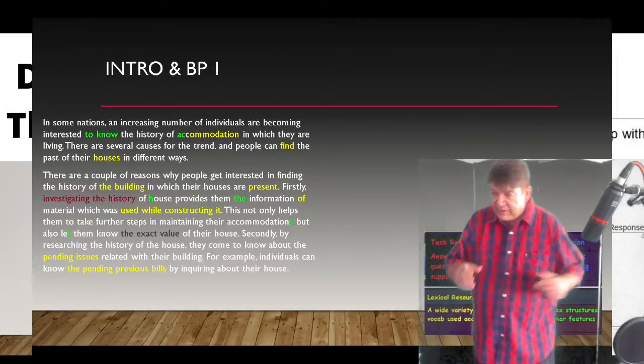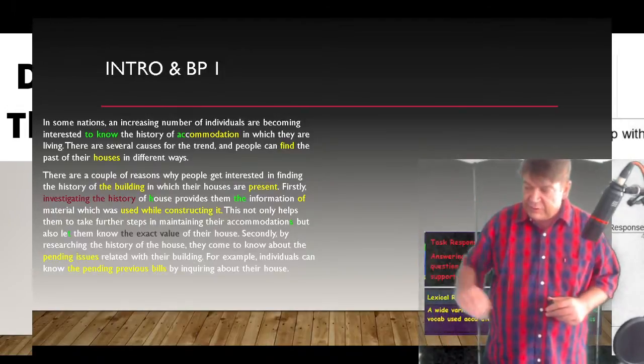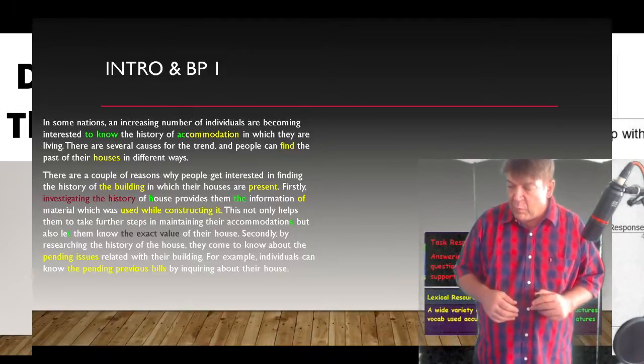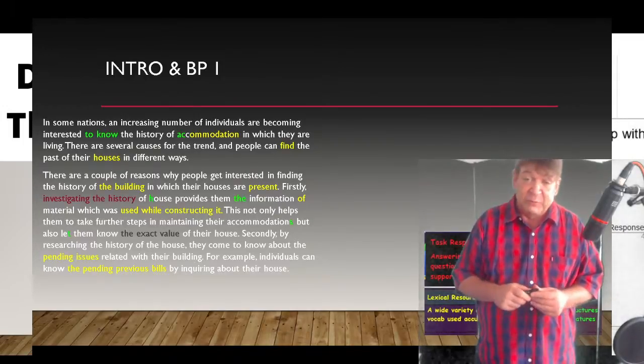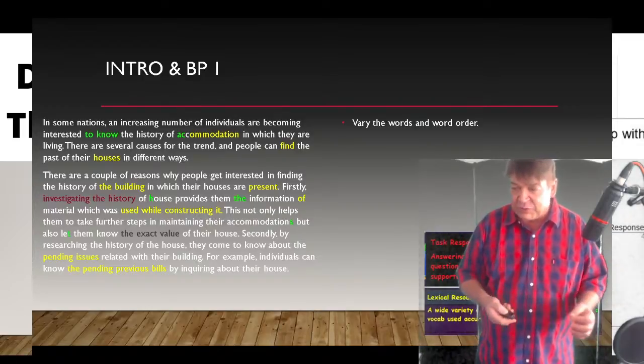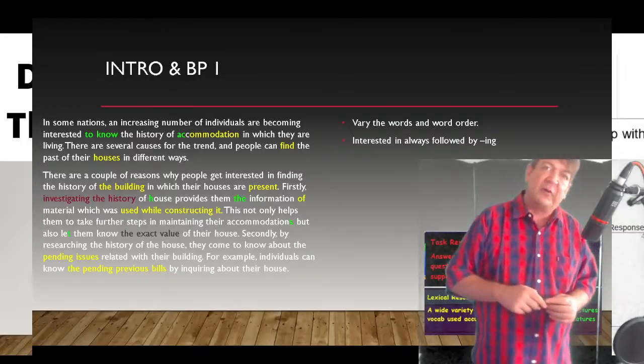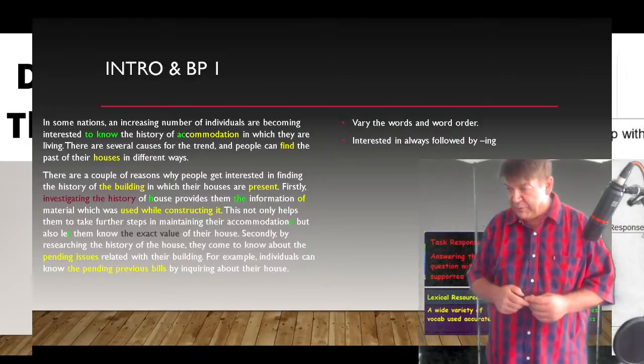Instead of saying an increasing number of individuals are becoming interested, you can say an interest is being built in more and more people. That's a passive construction. But don't just swap out words. Interested is always followed by the ing, by the gerund.